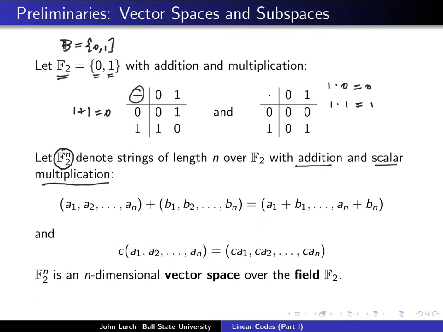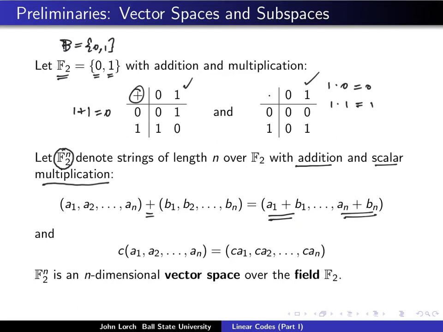So to add two strings together, what we do is just add component-wise. So addition of strings is component-wise addition, where these additions are occurring in F2. That is according to these operations that we just talked about a moment ago.